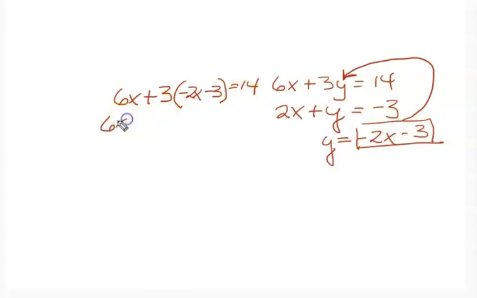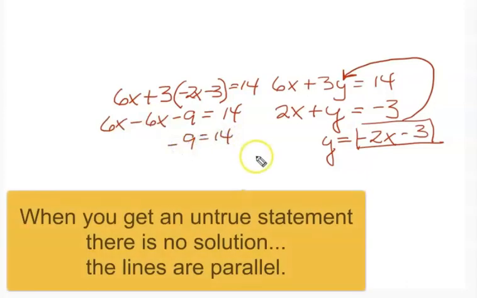So I go 6x minus 6x minus 9 equals 14. But notice an interesting thing happens here. 6x minus 6x is 0, and I end up with an equation 9 equals 14.